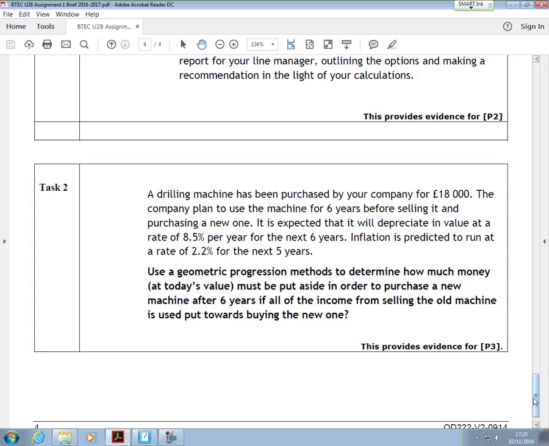Ignore any interest on that cash deposit. You've not been given that. So you're ignoring interest on the cash deposit. Just looking at setting aside money now to make up the difference in the depreciated value and the cost of a new one. So there's two geometric progressions in there, one divergent, one convergent.